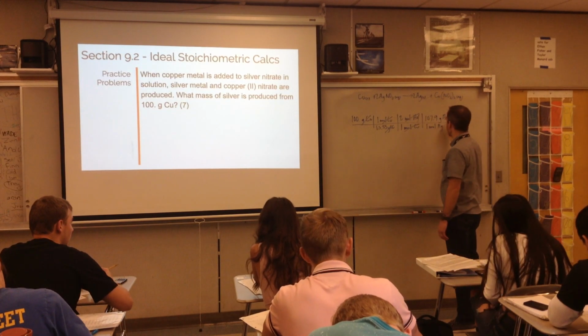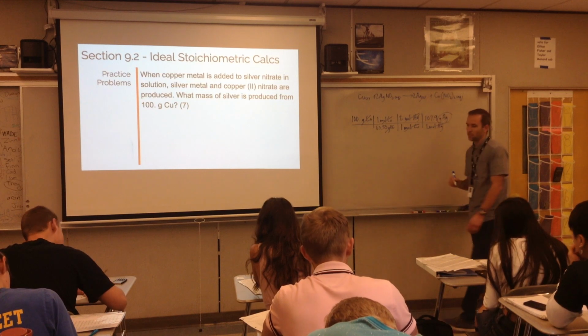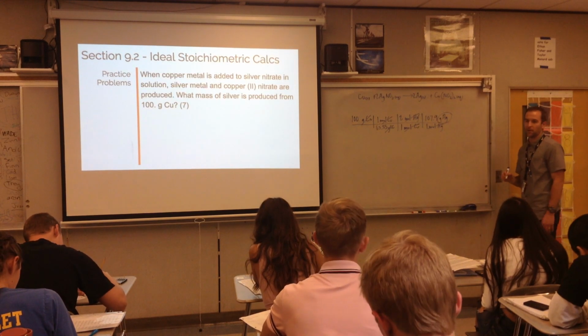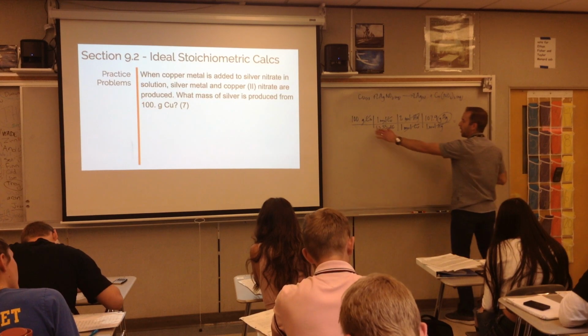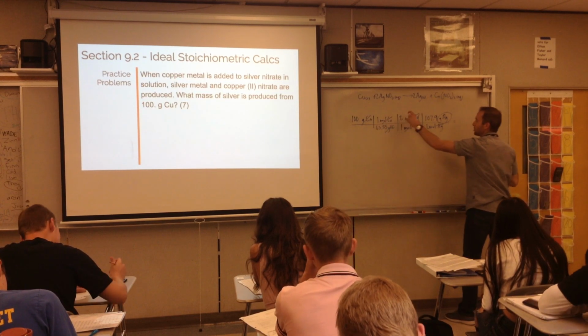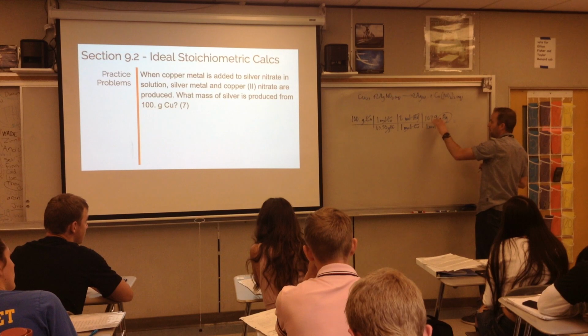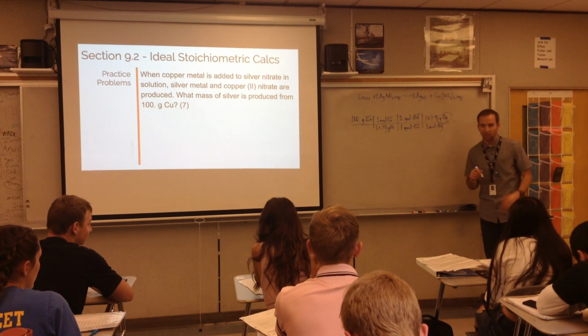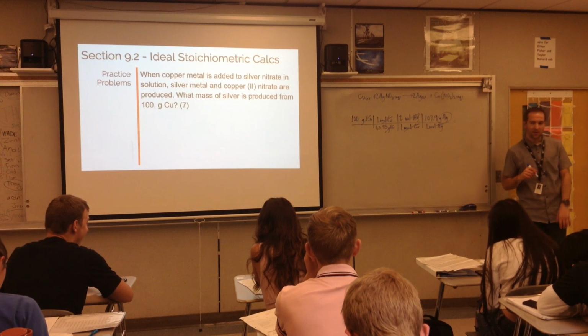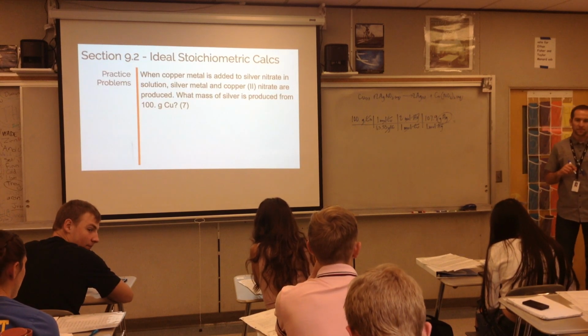Okay, so then my moles of silver cancel out, and I'm left with grams of silver, which is what I wanted. So now I need to multiply 100 times 1 times 2 times 107.9 divided by 1 divided by 1 divided by 63.5. Carrie, you can do the math for us, buddy?